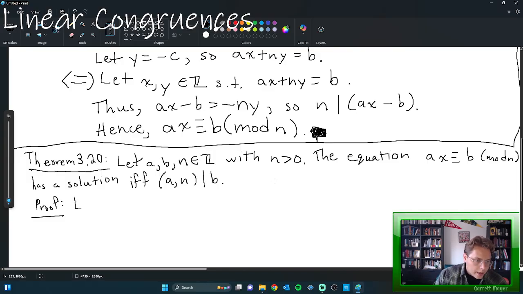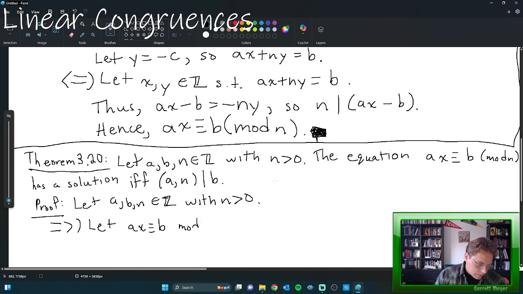Okay, so then for our proof, we're going to let a, b, and n all be integers with n greater than 0, and then we're going to prove each direction of the biconditional. So we're going to let ax be congruent to b mod n for some integer x.